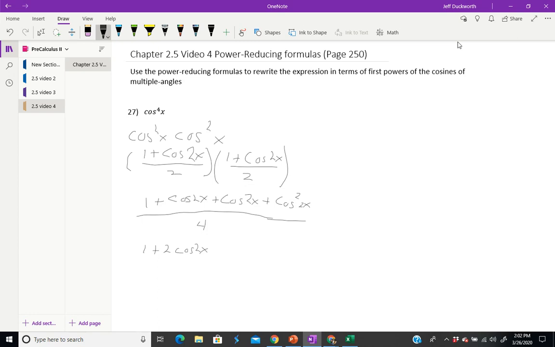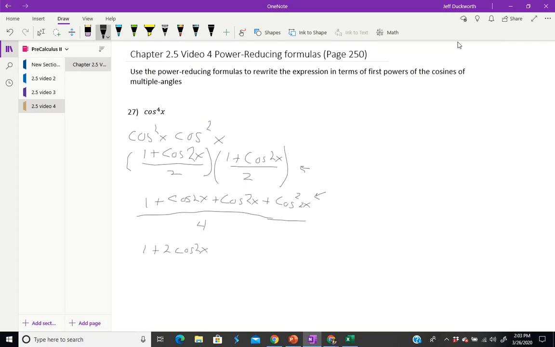And then I can make another power reducing formula using this bit here. So that will turn into another one of these. The only difference is that in the first part we started off with x.